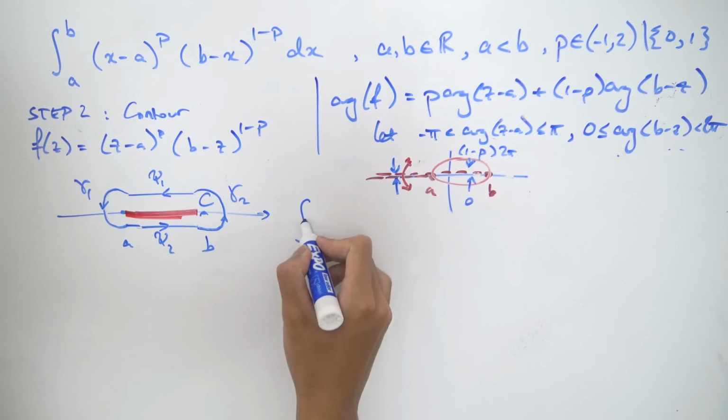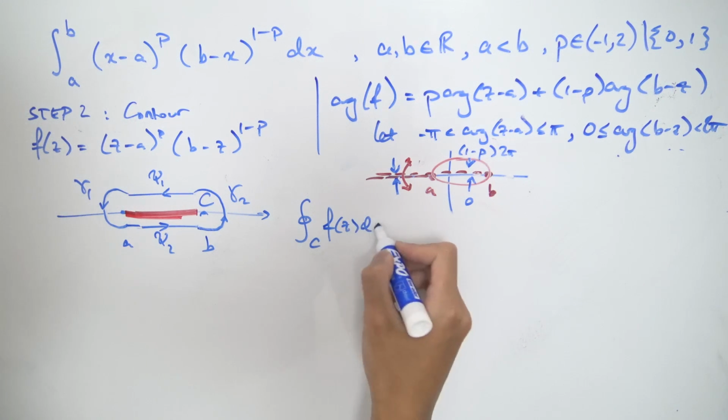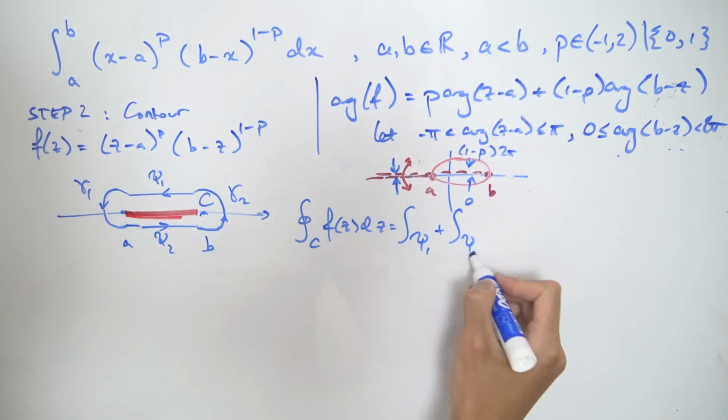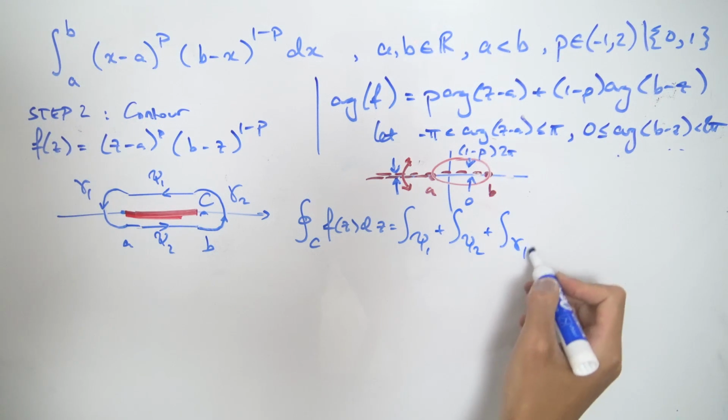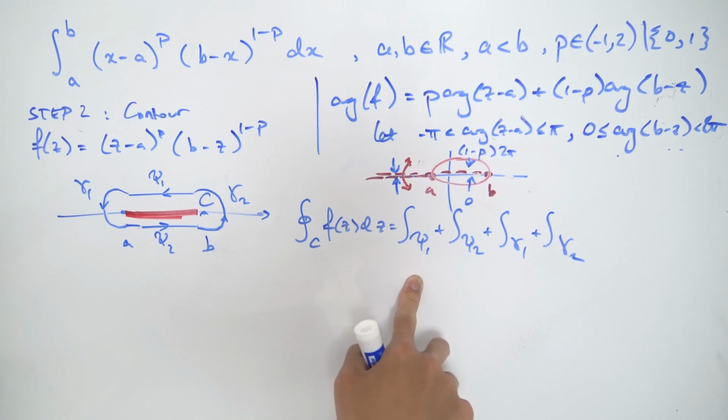We can say that the contour integral over C of f of z dz is going to be equal to the integral over psi 1 plus the integral over psi 2 plus the integral over gamma 1 plus the integral over gamma 2. And the way we're going to be calculating each of these integrals on the right over here is by using some parameterizations and whatnot.